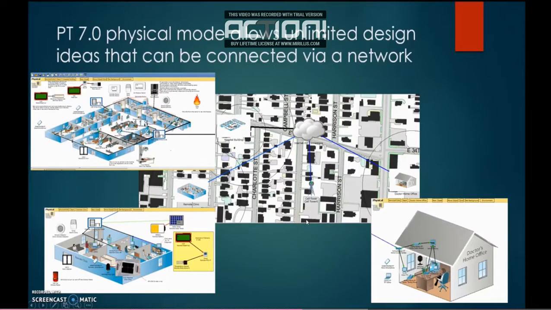So with Packet Tracer 7 and what enhancements have been made to physical mode, it allows you to create multiple complex containers. In this case, this is a smart health room, and so what we have here is the city right here.